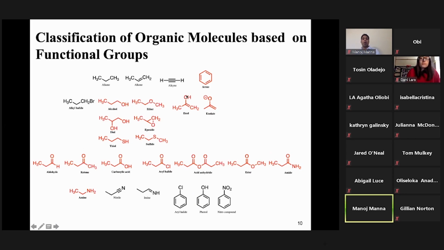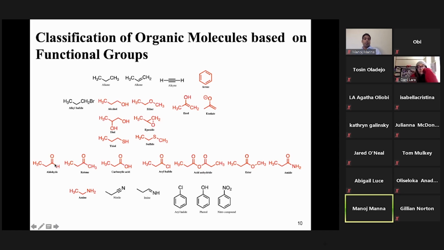If we have an OH on an sp2 carbon, we call it enol, and the corresponding enolate. If we have two OH, we call it diol. If we have a three-member ring with an oxygen and carbons, we call it epoxide. If we have SH connected to a carbon, thiol; if we have an S-alkyl group, we call it sulfide.